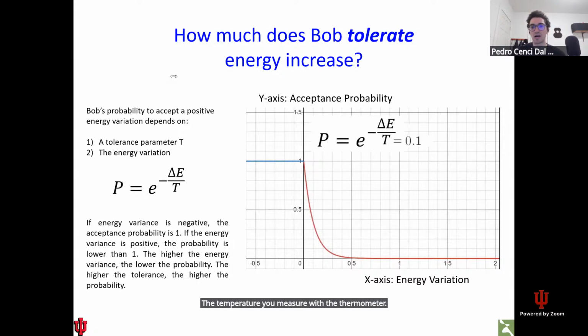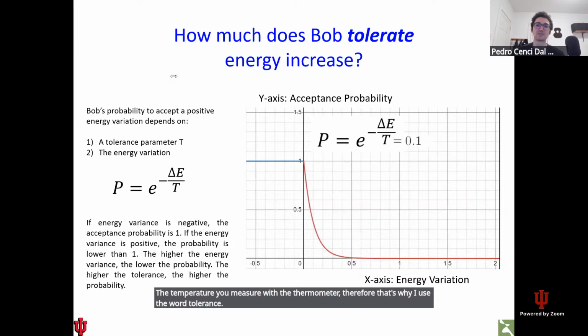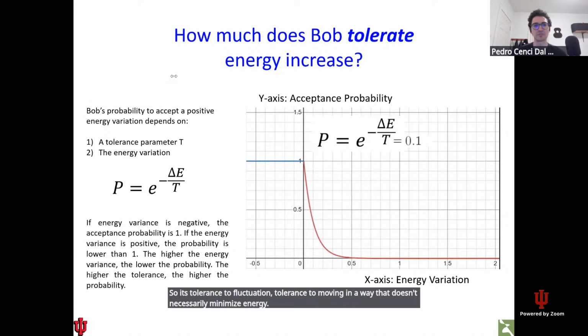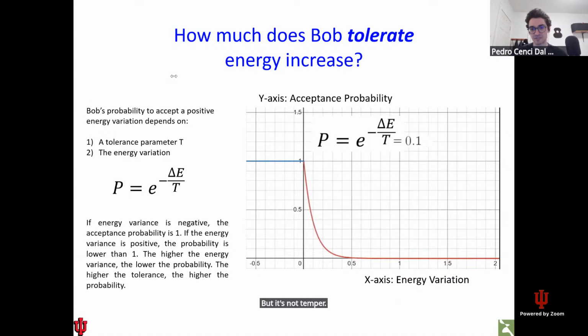Therefore, that's why I use the word tolerance, because it's more related to allowing the cells to fluctuate. So it's tolerance to fluctuation, tolerance to moving in a way that doesn't necessarily minimize energy, but it's not temperature in like Celsius, okay? Or Kelvin.